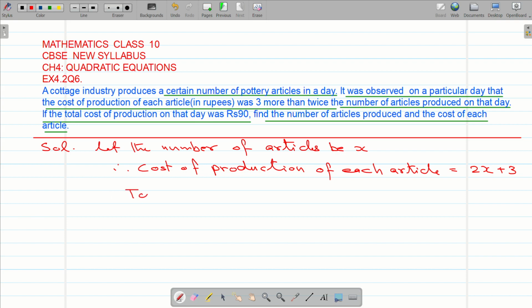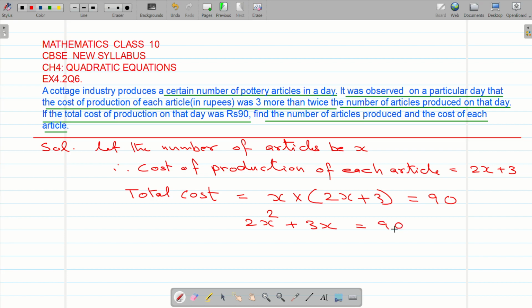Total cost is equal to number of articles multiplied by cost of production of each article, that is equal to 90. It is given that the total cost of production was 90. So 2x squared plus 3x is equal to 90, or 2x squared plus 3x minus 90 is equal to 0.